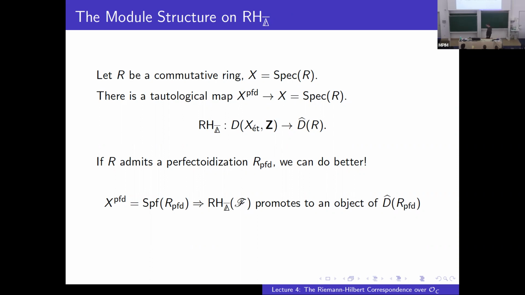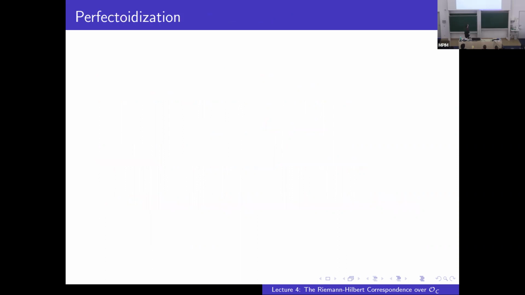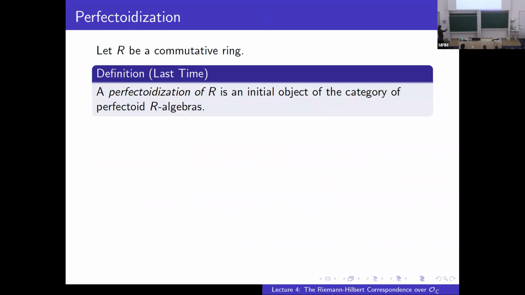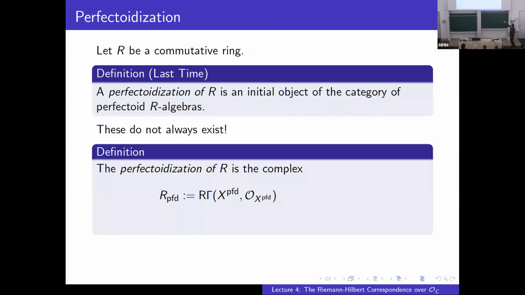So let's try to amplify this observation. Let's go back and look at this perfectoidization construction from the previous lecture, or perfectoidization definition. So in the previous lecture, I told you a perfectoidization is an initial object in the category of perfectoid R algebras, but I also warned you that these don't usually exist. But here's something that you could always do.